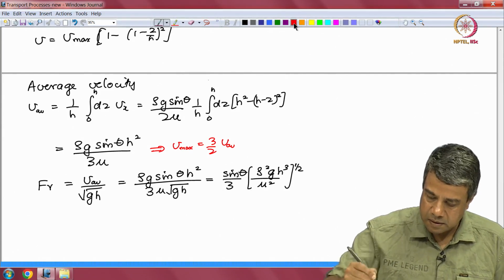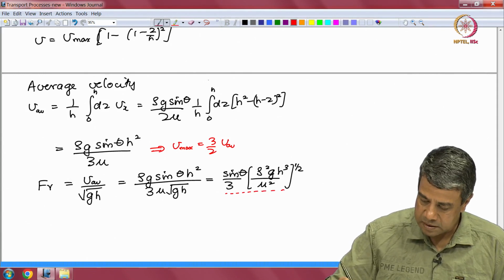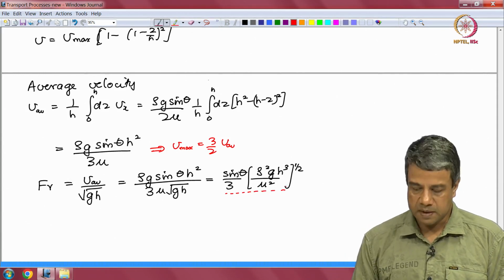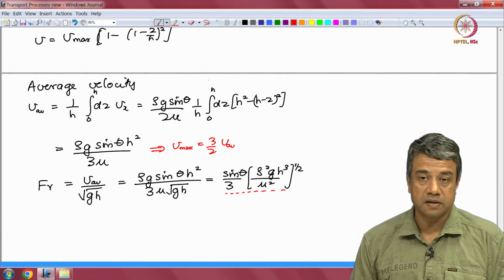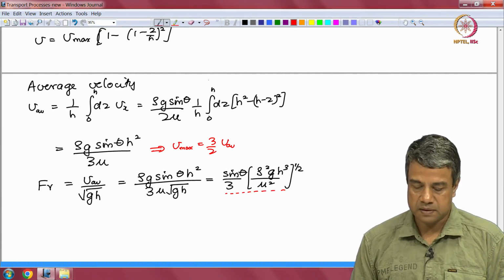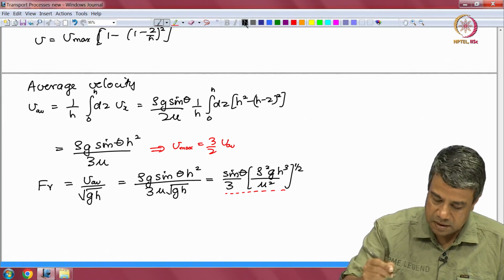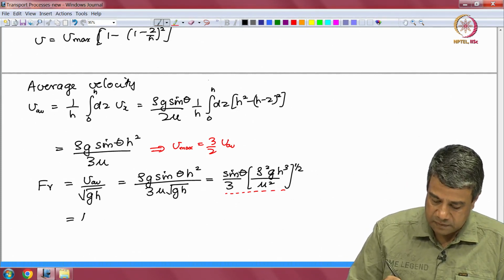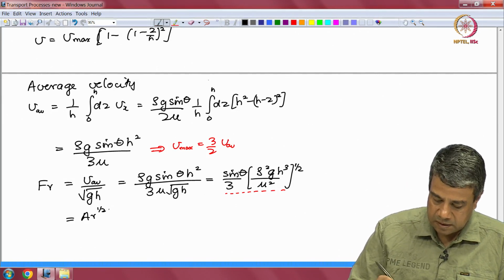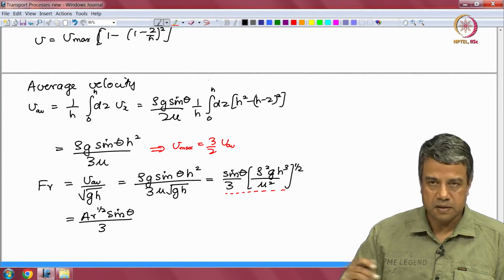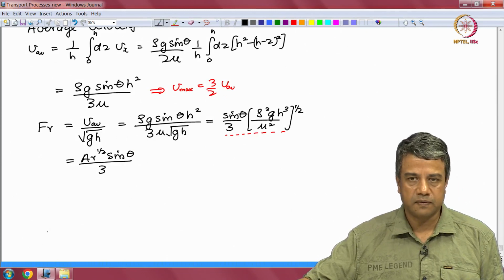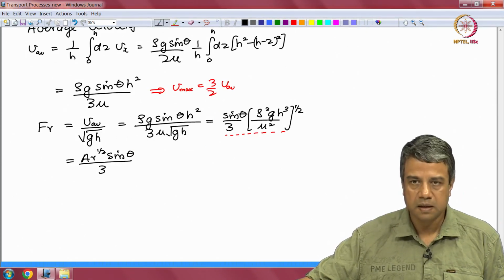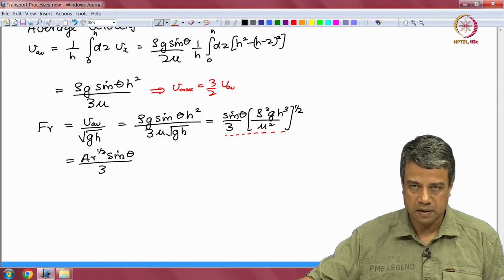This, as you recall, when we did dimensional analysis, rho square g h cubed by mu square, this was the Archimedes number, okay, the ratio of gravitational and viscous forces. Okay. So, that was the Archimedes number. So, we get a correlation for the Froude number as a function of the Archimedes number to the half, okay, sin theta by 3. The constant is sin theta by 3. Okay. So, that is the solution for the Froude number for this flow down an inclined plane. The velocity profile is parabolic. Okay.